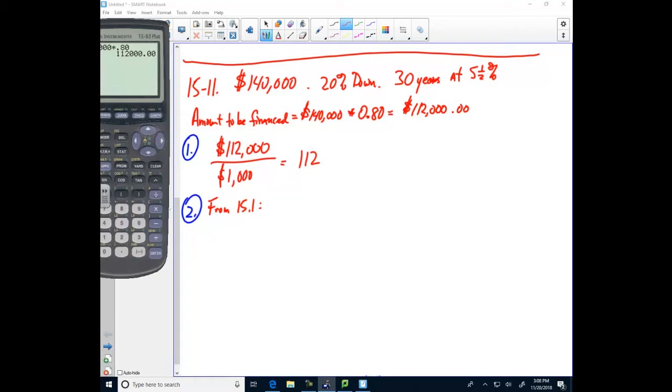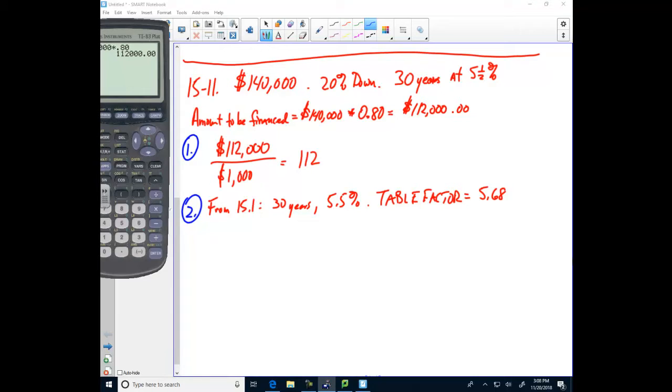So we've got 30 years, 5.5%. So your table factor is 5.68. Okay.